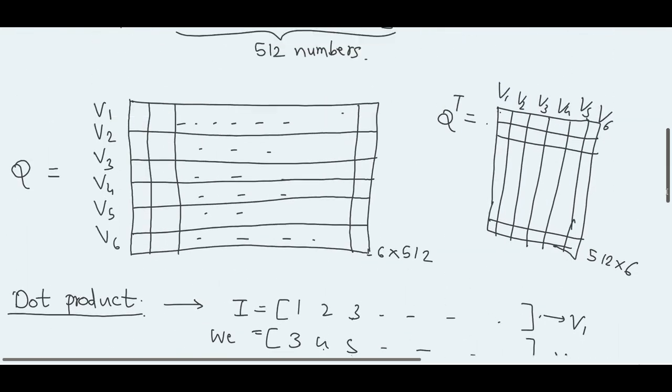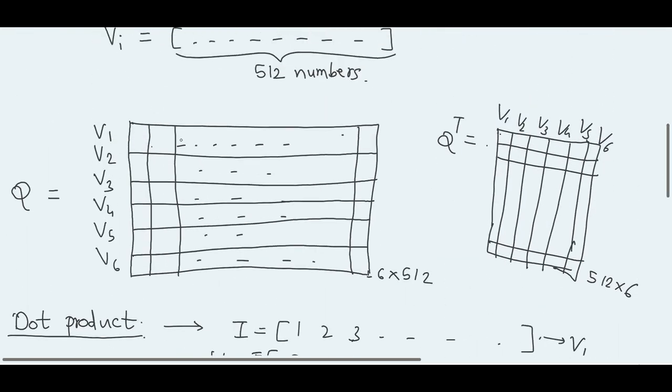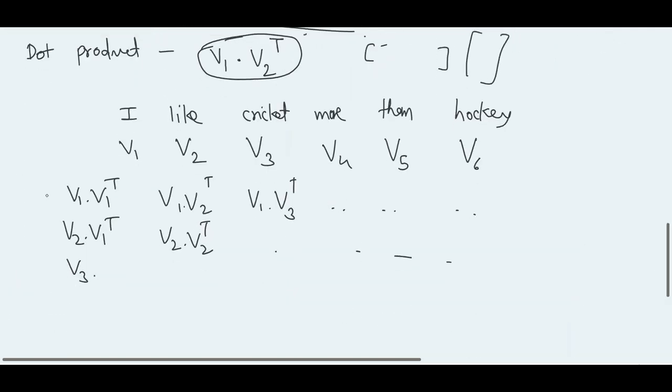Now you will take v1 and multiply it with all of this Q transpose, which will give us v1 v1 transpose, v1 v2 transpose, v1 v3 transpose, all these. Then again you will take this matrix and do the same. So we will be able to perform exactly this operation, right? So this is how we will represent it.